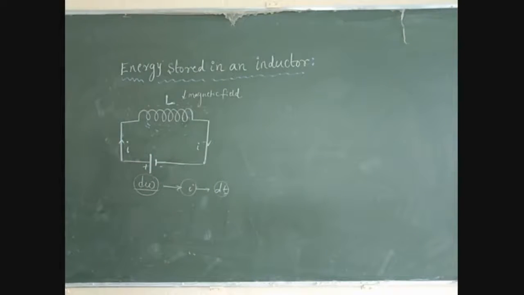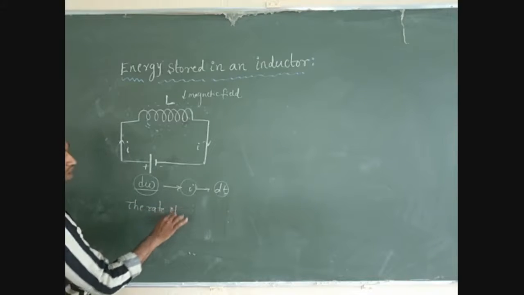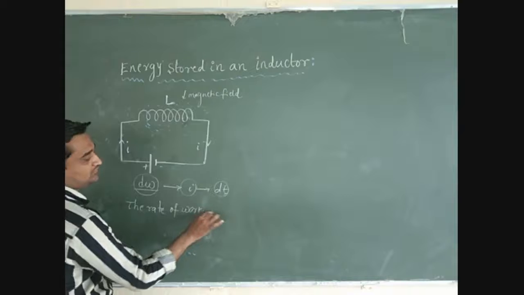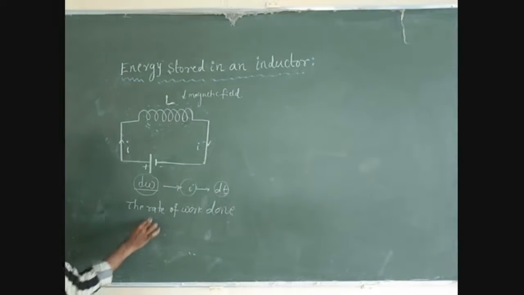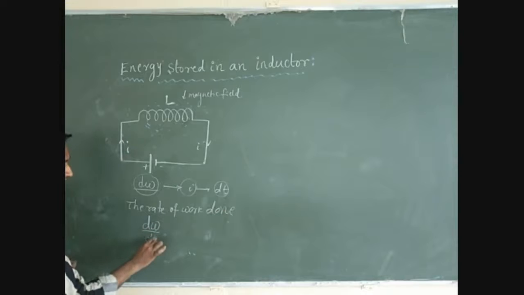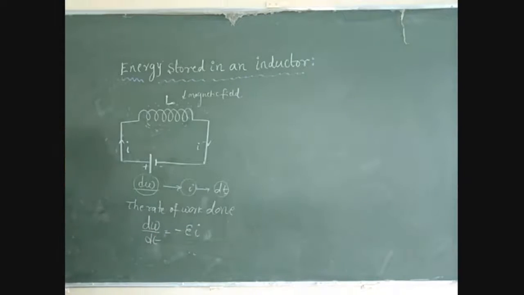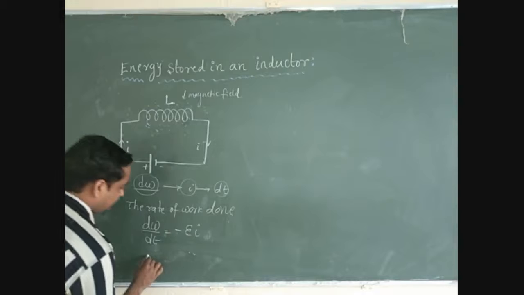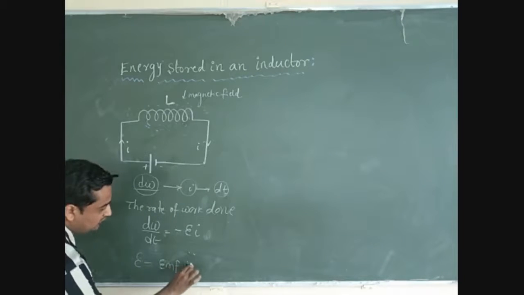Therefore, the rate of work done to establish the current I in a small interval of time dt is dW by dt equal to minus E into I, where E is the EMF induced in the coil.